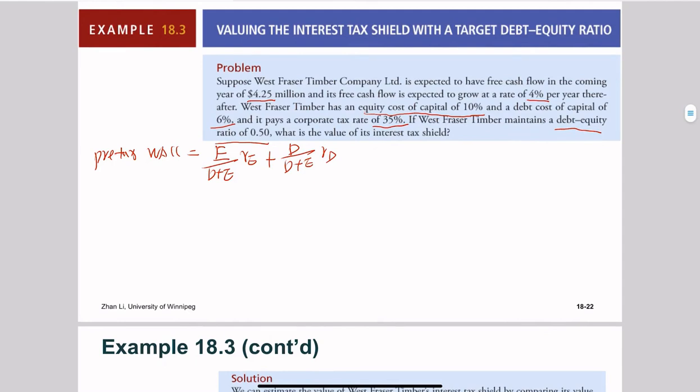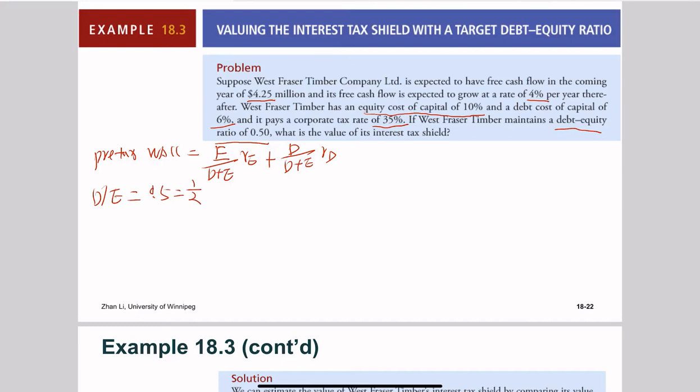So we want to find out E divided by D plus E. How do you find out this? Well, look at this problem. It says the debt equity ratio is 0.5 or 1 over 2. So you can consider D as 1 and E as 2.